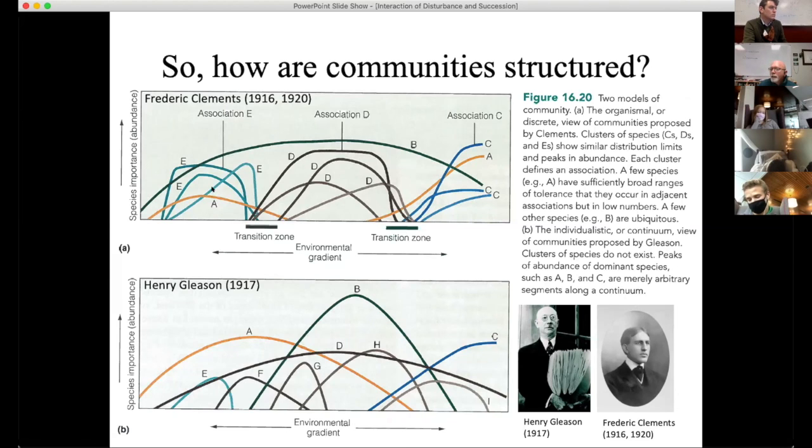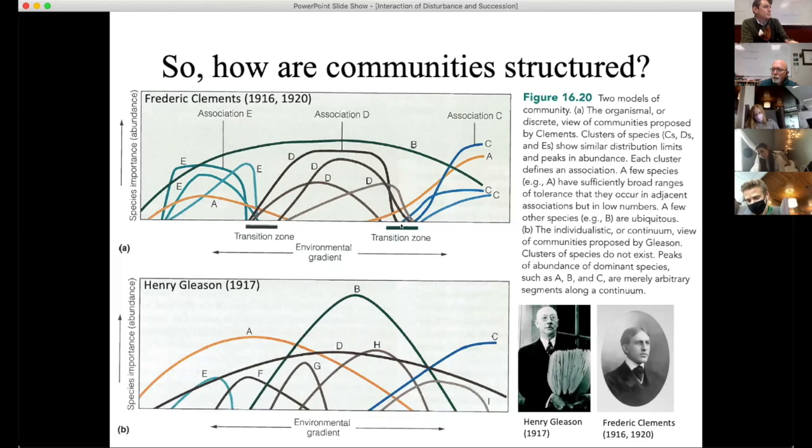But what he basically meant by that is that you will tend to find discrete communities that are all made up of the same species wherever you find them to be. And so you have one community, and then as you move from that community into another community, there's a narrow transition zone, but then it shifts over to a totally different community.